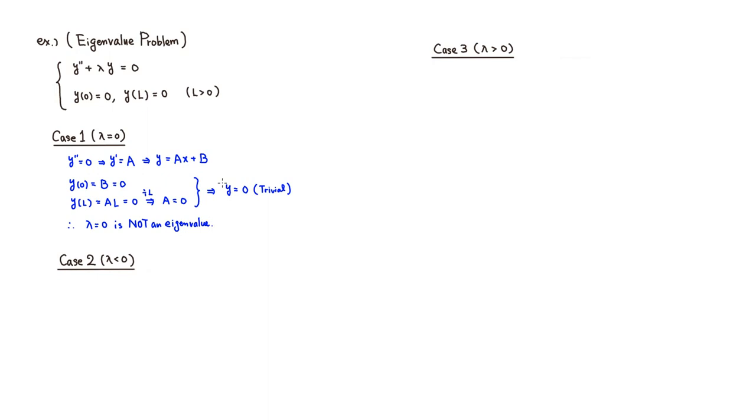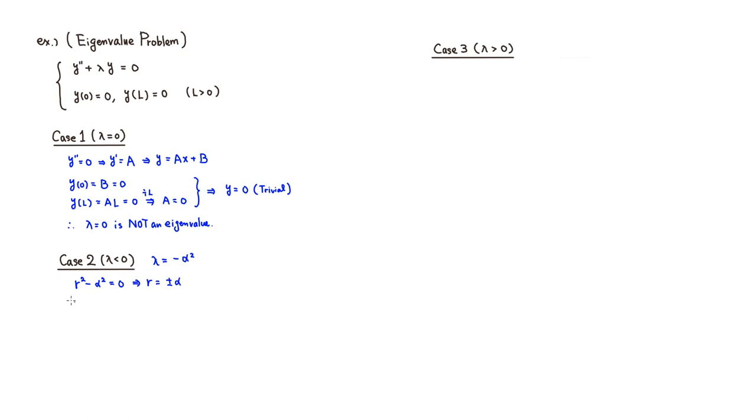Let's say lambda is going to be a negative value. For simplicity, I'm going to let lambda equal negative alpha squared. That way, the characteristic equation is going to be r squared minus alpha squared equals 0. So r is going to be plus or minus alpha.